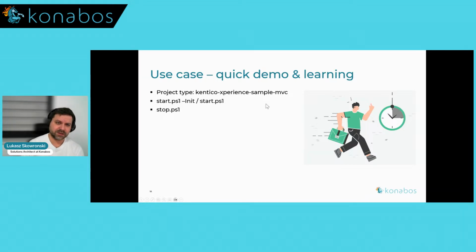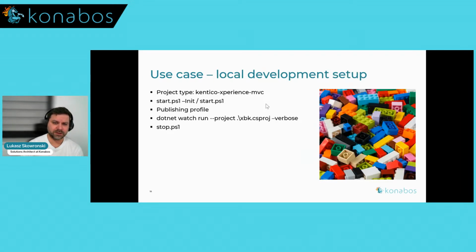The other use case will be the one from the title of this presentation, right? So it is more for the local development setup. You can use that for a new project that you are starting to work on, or you can even try to integrate that with your existing projects, existing solutions.